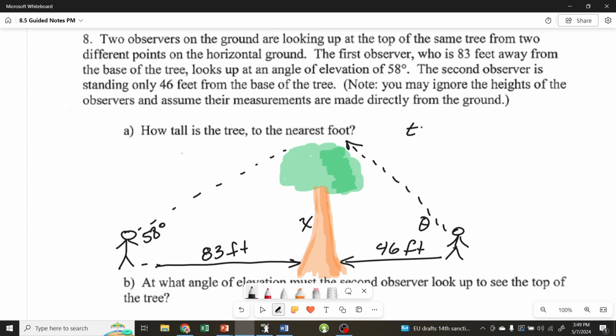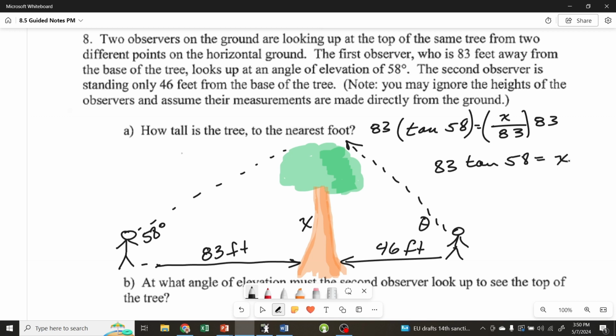So tangent of 58 is equal to opposite x over adjacent 83. So we're going to multiply each side again by 83. This is just like our other problem. So 83 times the tangent of 58 is equal to x.